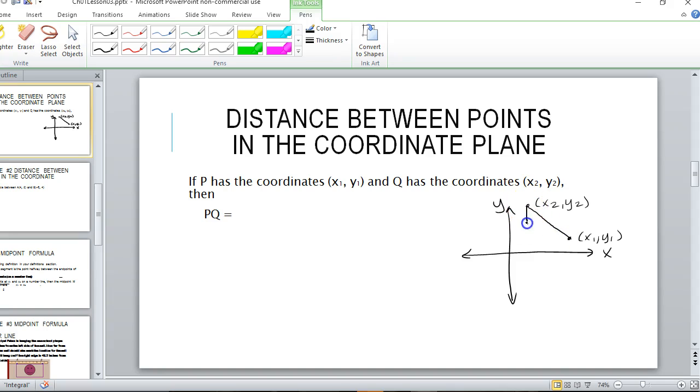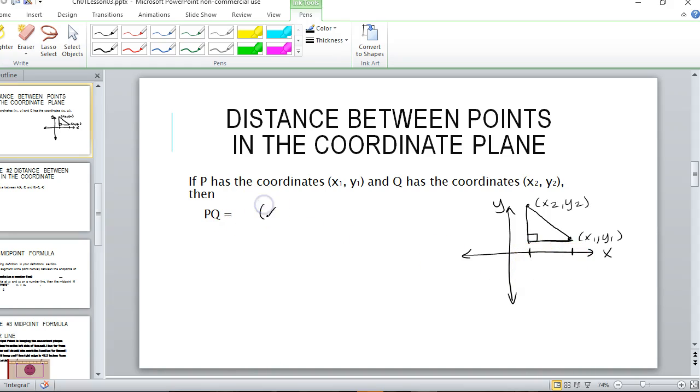Well, we will find the vertical distance and the horizontal distance, and this is a right triangle, so we'll actually use Pythagorean theorem, a squared plus b squared equals c squared. So this distance is the difference between my x's. So this distance is right there. So we'll do x2 minus x1.